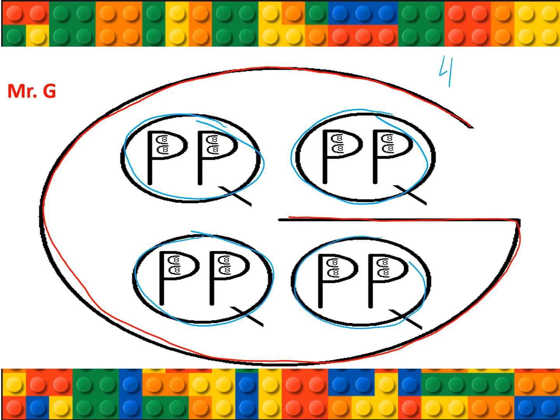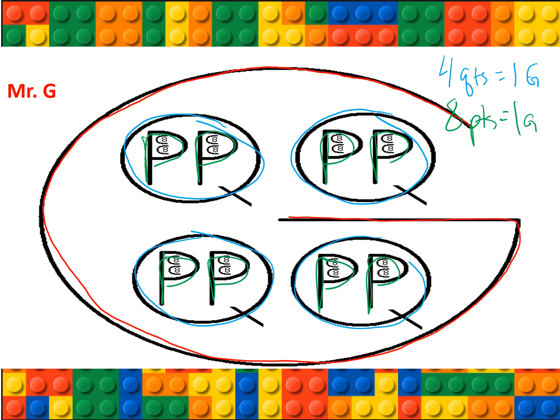So 4 quarts equals 1 gallon. And we also have these P's, which stand for pints. And if you count the number of pints, you will see that there are 8. So 8 pints equals 1 gallon.